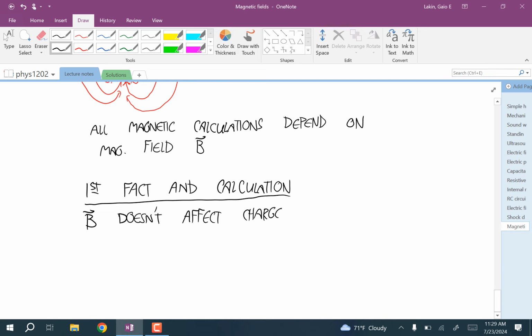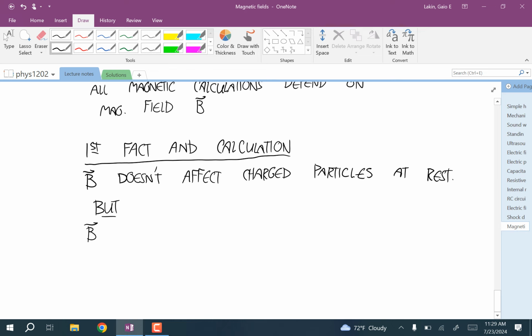So it doesn't affect charged particles at rest. In order to apply a force to a charged particle at rest, there would need to be an electric field. But this magnetic field vector does apply a force to moving charged particles.